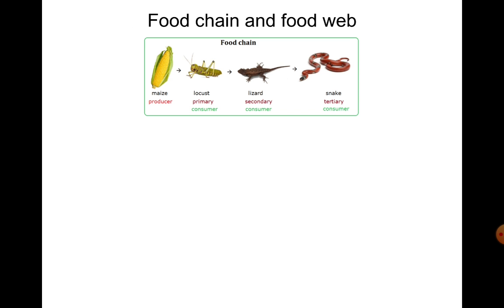It's like a straight line. We have here the maize, it produces the food. Then we have the first consumer, the locust, which eats the maize. Then we have the lizard, a secondary consumer, which eats the locust. And then we have the snake, which eats the lizard.